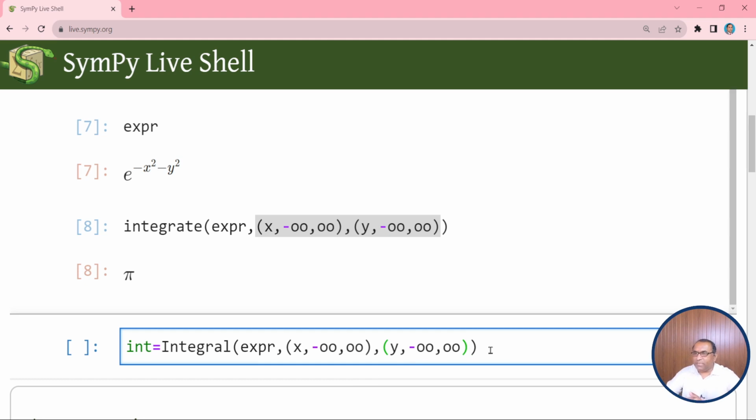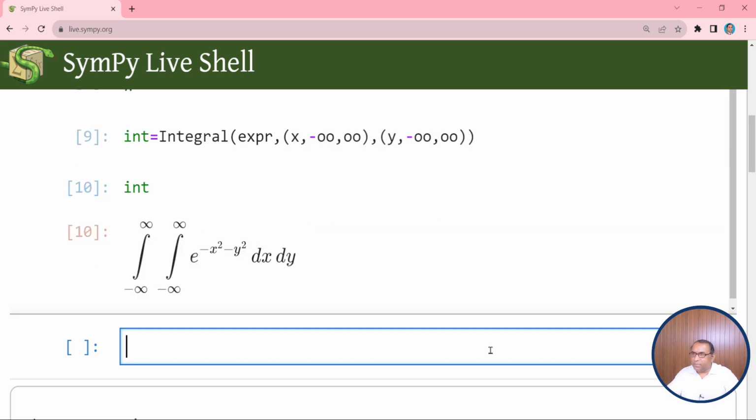So the limit of x is minus infinity to infinity, and that of y is again minus infinity to infinity, and then enter. Int. So the above expression in symbolic form is here. First integral minus infinity to infinity, second also from minus infinity to infinity, e raised to the power minus x square minus y square dx dy. So this is the double integration, and definite also.